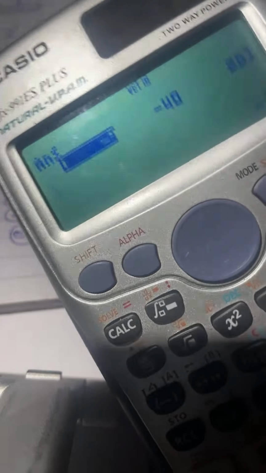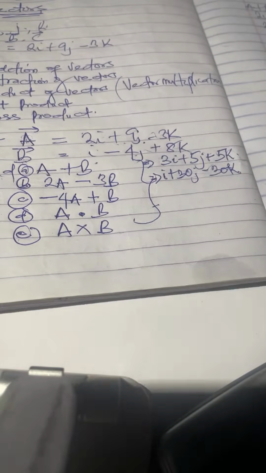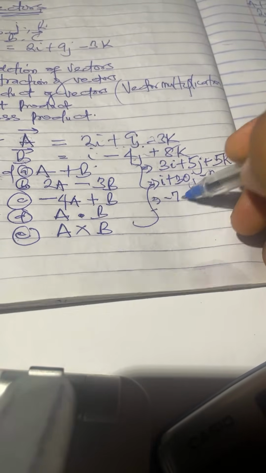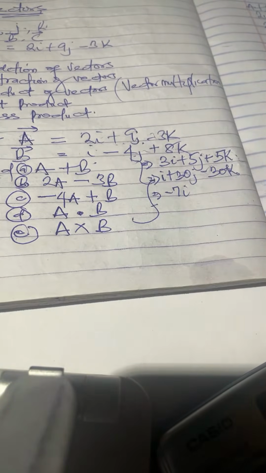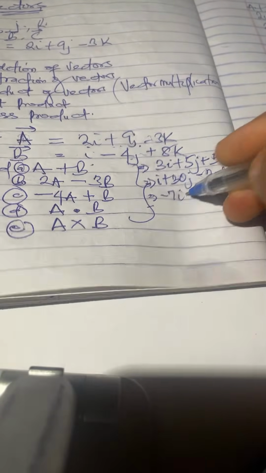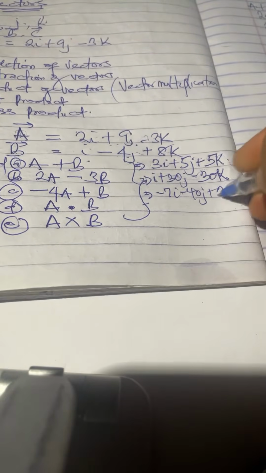Are you seeing what we are having now? Minus 7i, minus 40j, then plus 20k.